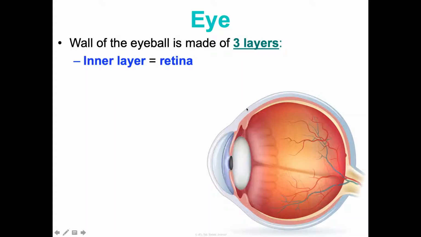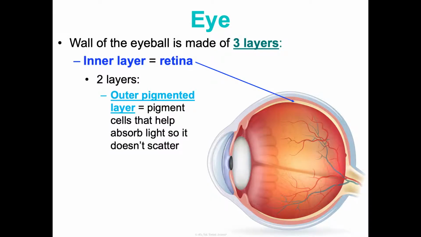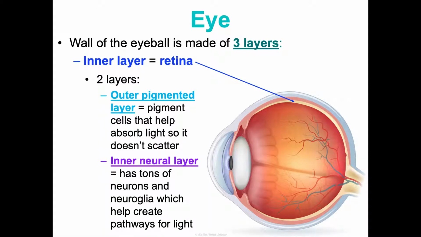All right, now the inner layer of the eye, that's your retina. Your retina has 2 main layers. It has the outer pigmented layer, which has pigment cells that help absorb light so that it doesn't scatter, because we really want to focus the light as it comes in. And then the inner neural layer, which has tons of neurons and neuroglia to support those neurons and help create pathways for the light as it comes in.